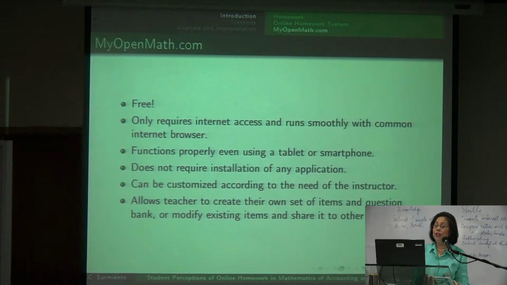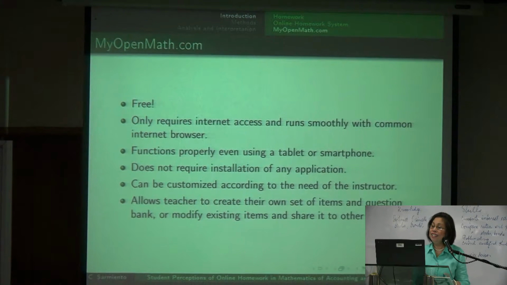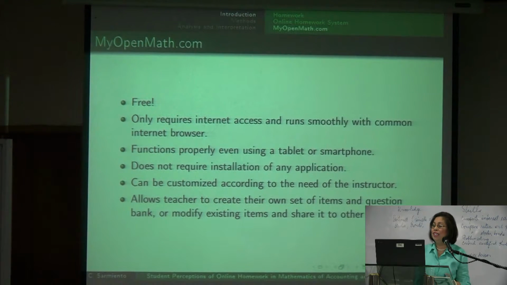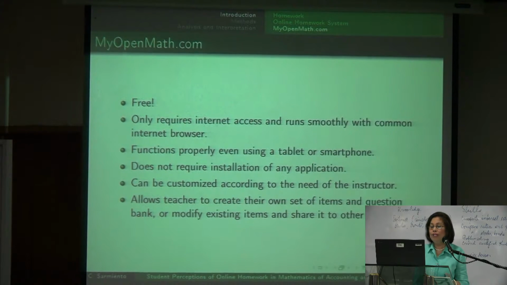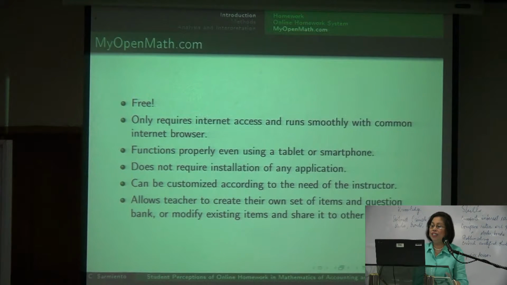And according to her, it is free, it requires internet access, runs smoothly with common internet browsers, functions properly even using a tablet or smartphone, so does not require installation of any application, can be customized according to the need of the instructor, allows teachers to create their own set of items and question bank, or modify existing items and share it to other teachers.